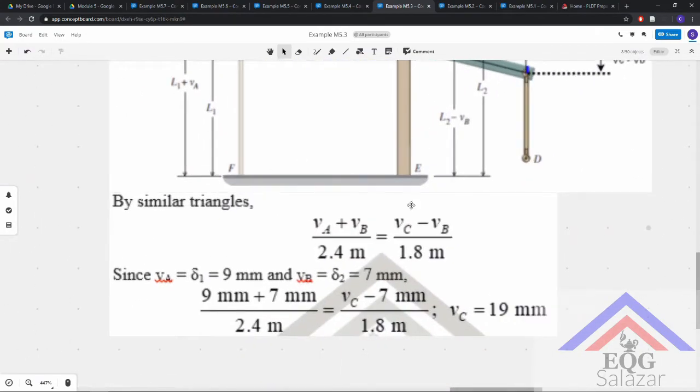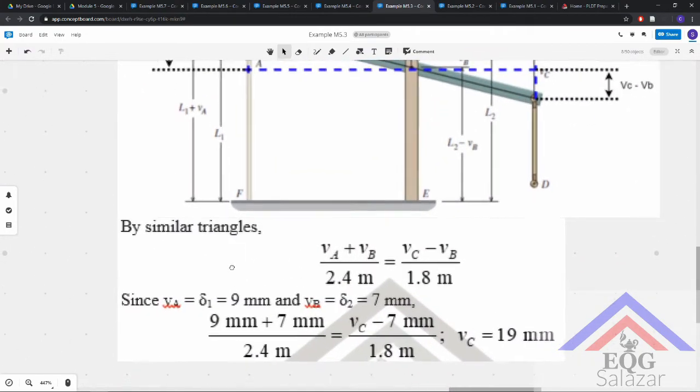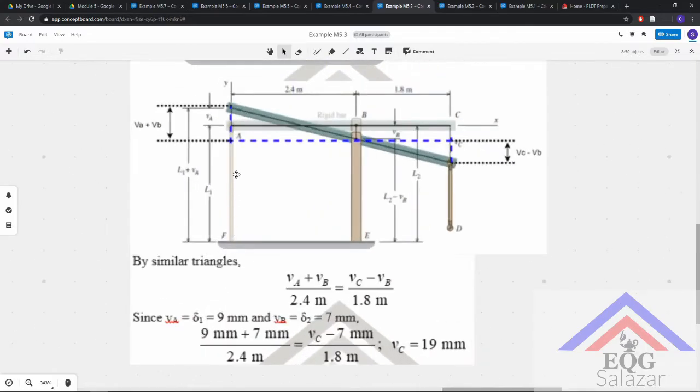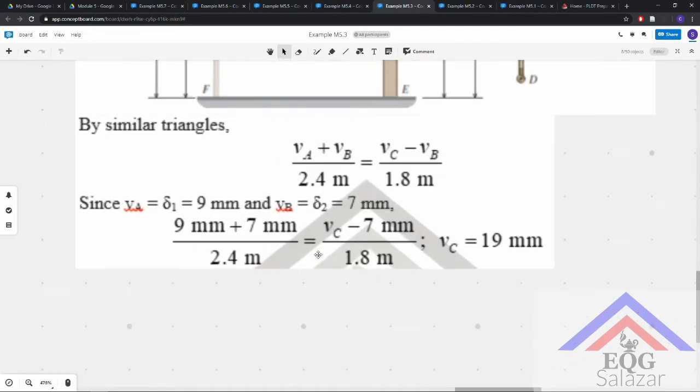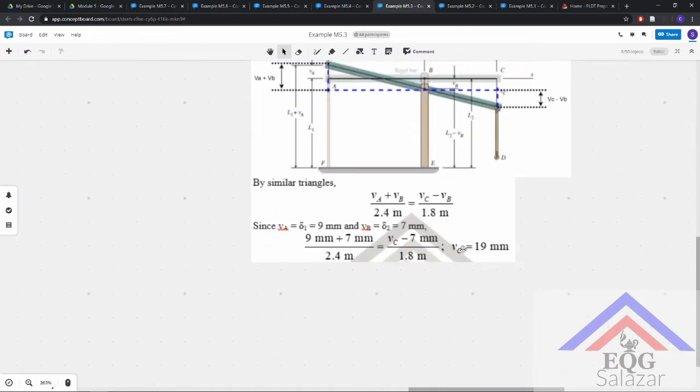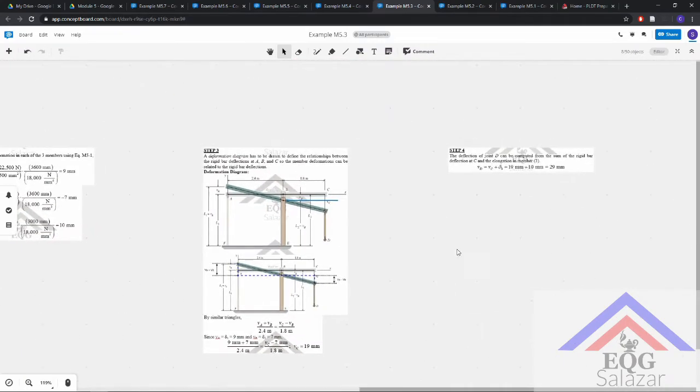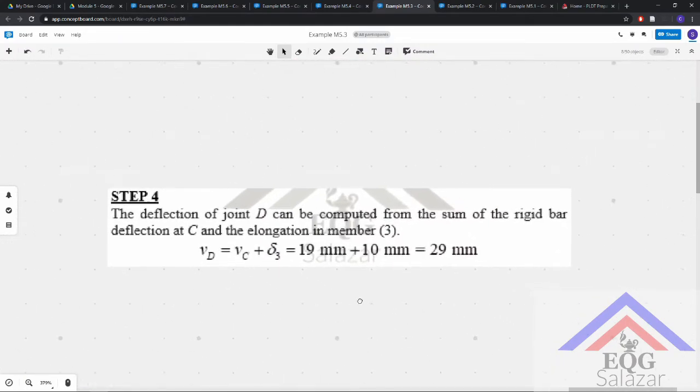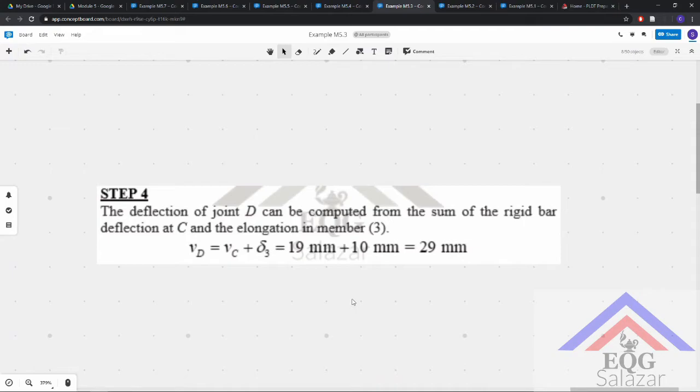Since VA is just equal to the deformation in segment 1, and VB is the deformation in segment 2, we can easily determine VC. Next, the deflection of joint C can be computed from the sum of the rigid bar deflection at C and the elongation in member 3. So that is 29 mm.